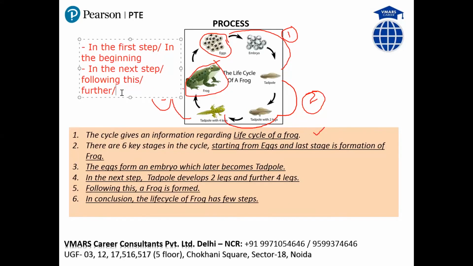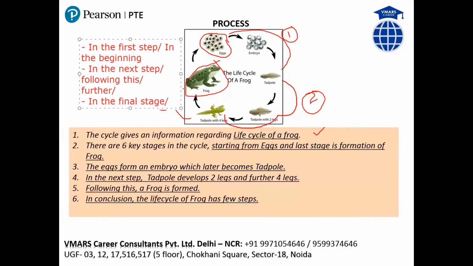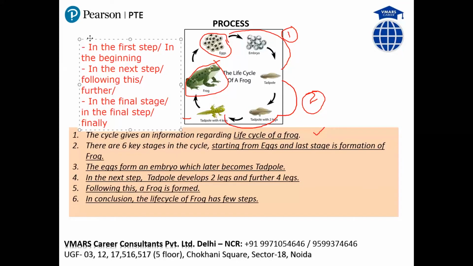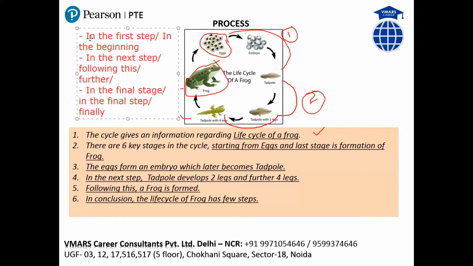And when you finally have to conclude, in the final stage you can say, or in the final step you can say, or finally also you can say. So these are all the stages explained.